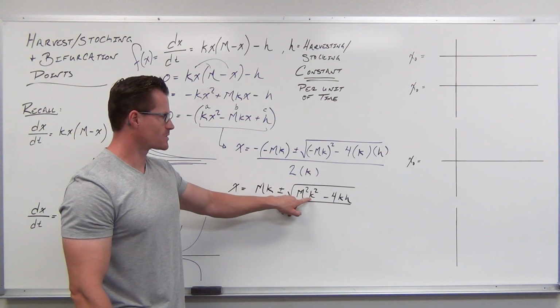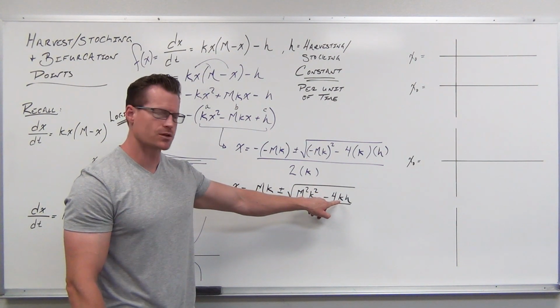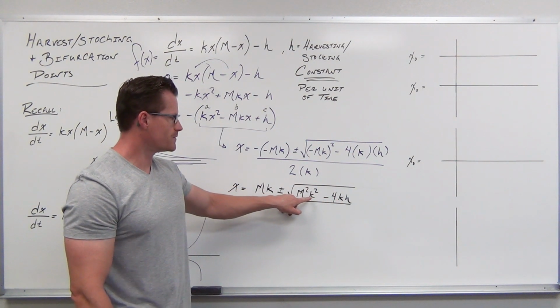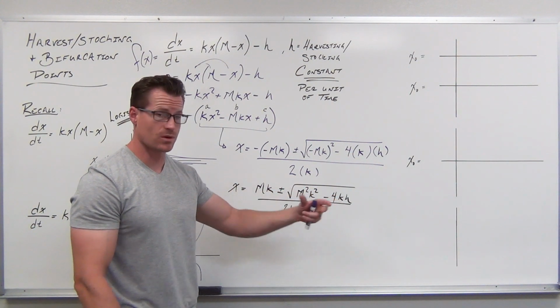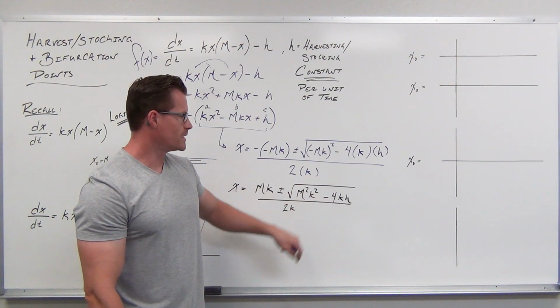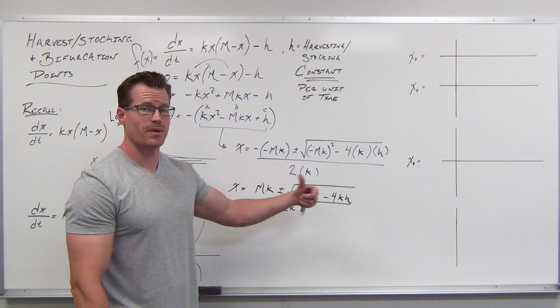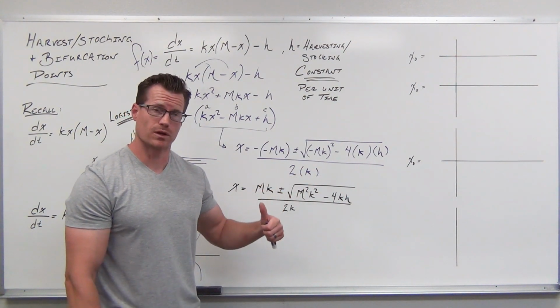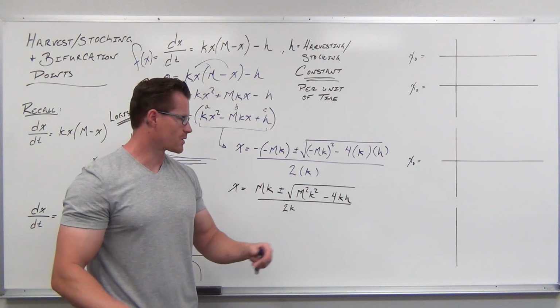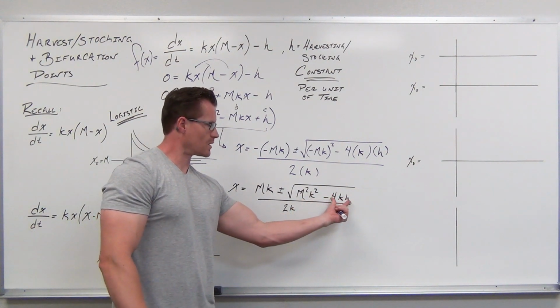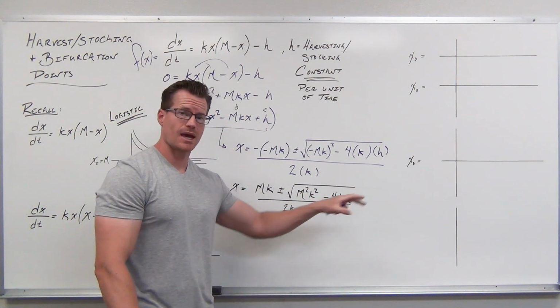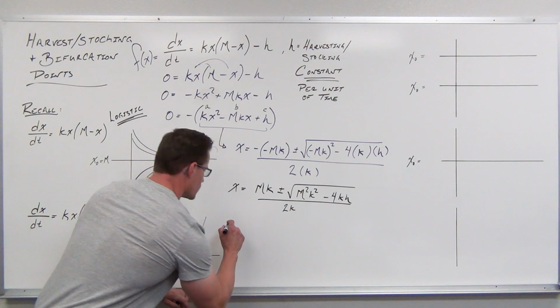We're going to factor out a k squared from here. So how we're going to do that is if we divided by k squared and k squared factored that out, this is going to become 4kh, well, 4kh divided by k squared is going to give us 4h over k. So think about that, maybe try that on your own. If I factor out a k squared, this is going to cancel out the k. I have a k on the denominator. So it looks like this.